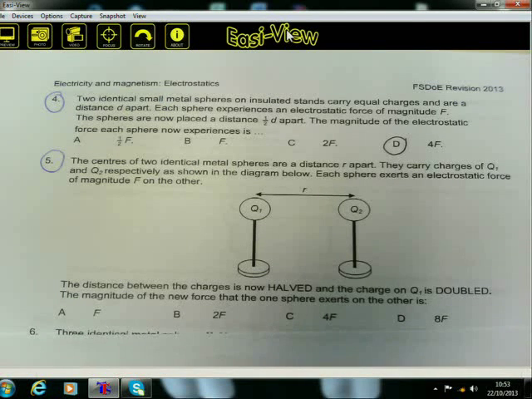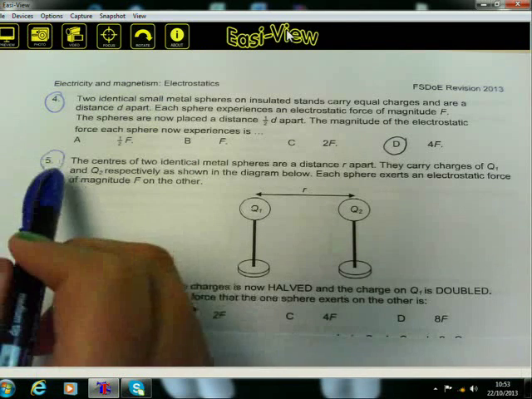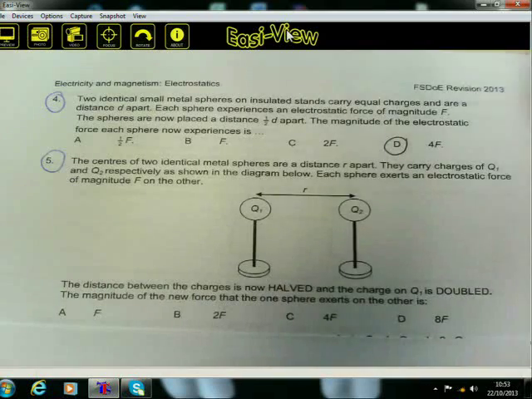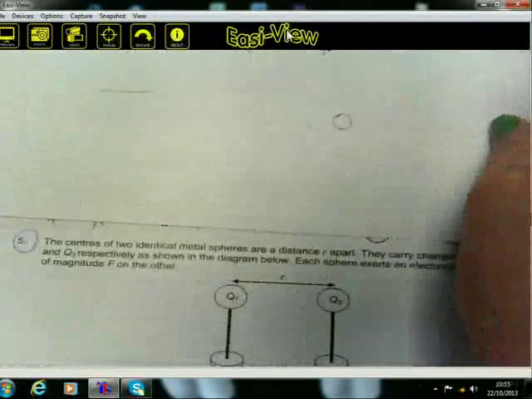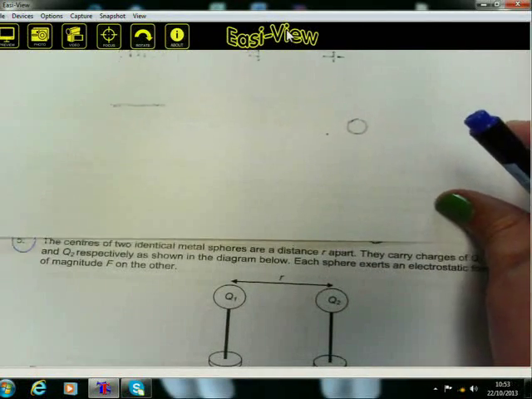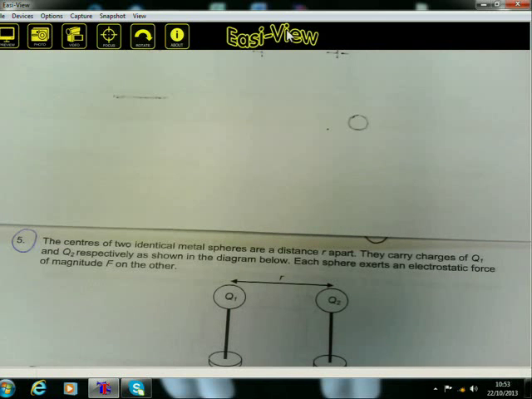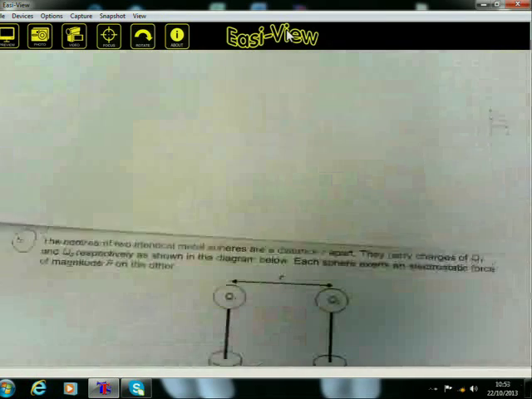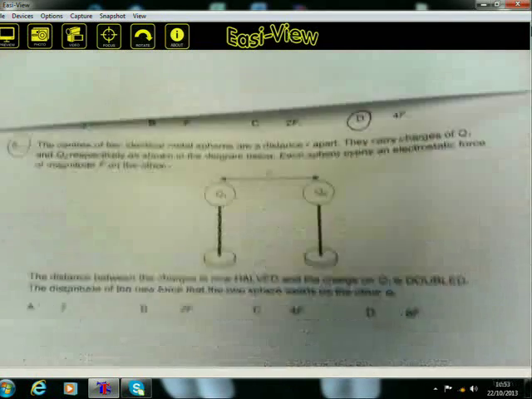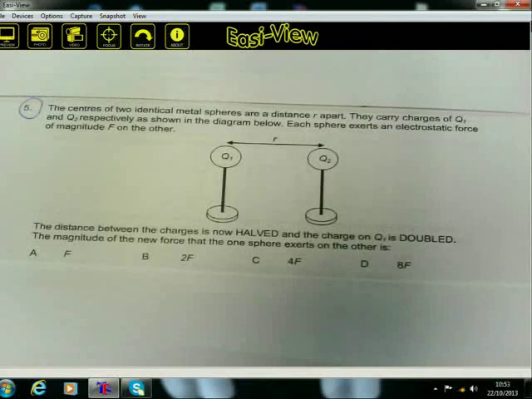I'm going to read through the question with you, and then you're going to see if you can do it by yourself. Number 5. Let's close up number 4. Number 4 is closed, so we are going to look at number 5.